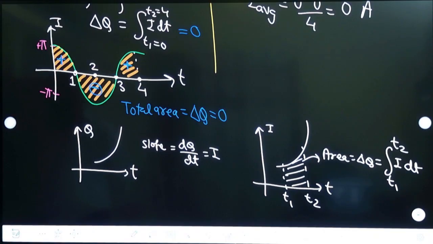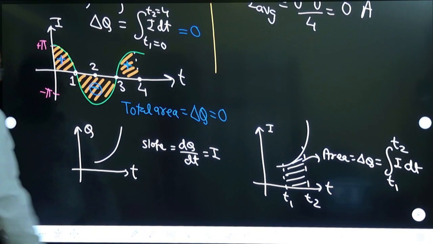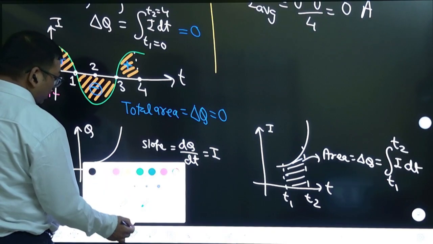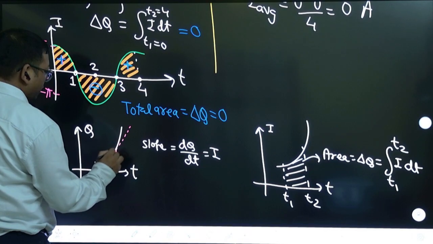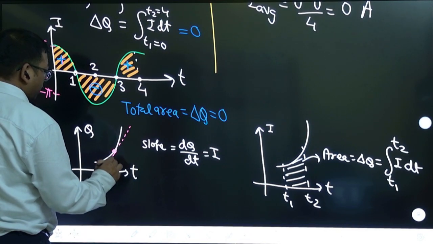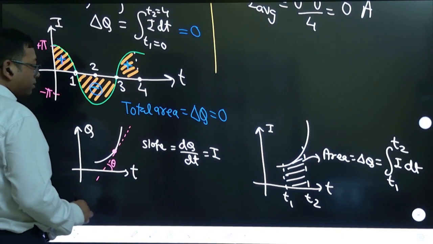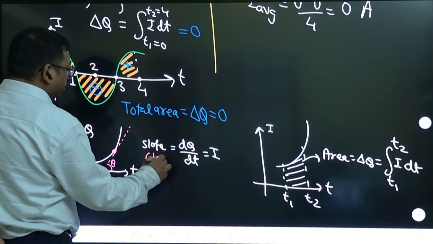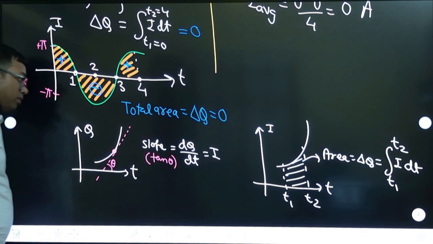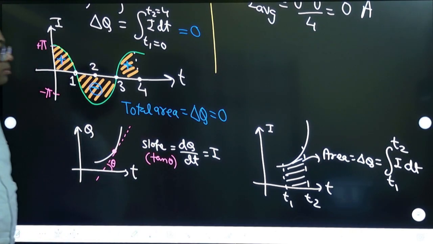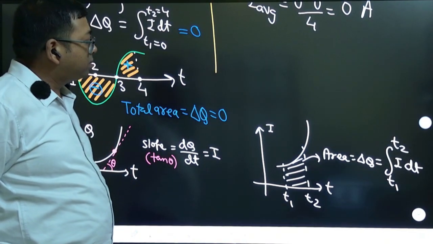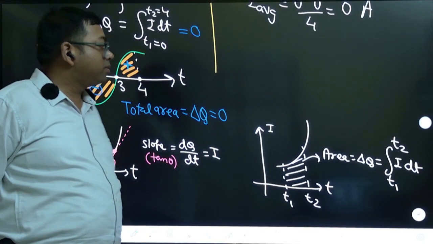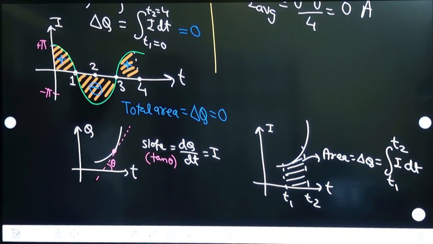So in a charge-time graph, at any instant, any point, we draw a tangent. That tan theta will give dy by dx. Slope means this tan theta, and that is the current. But in a current-time graph, the area under the graph will give the charge flown.